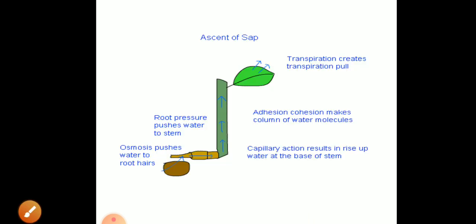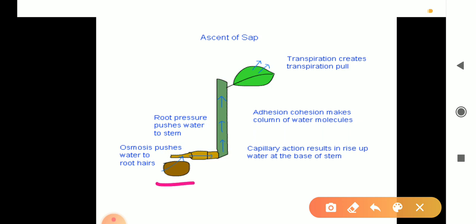Now see, in this diagram also, these are the soil particles, and this is the epidermis, and this hair-like structure is called the root hair. Due to osmosis, the water is absorbed inside. Then root pressure pushes that water into the stem, and due to capillary action, this water rises up into the water column, and the force of adhesion and cohesion makes a water column.